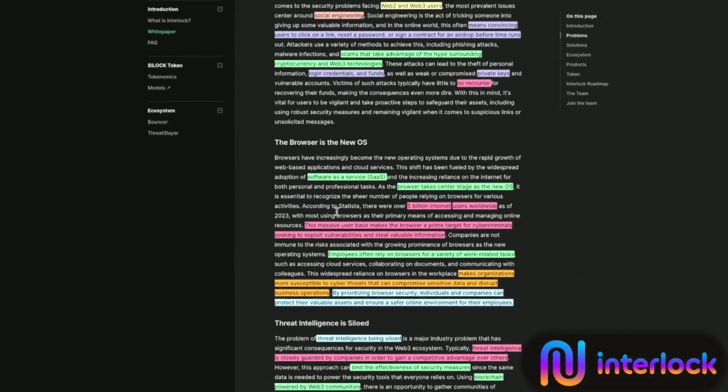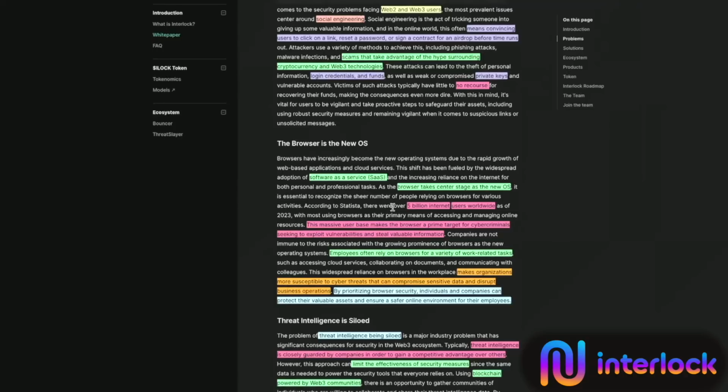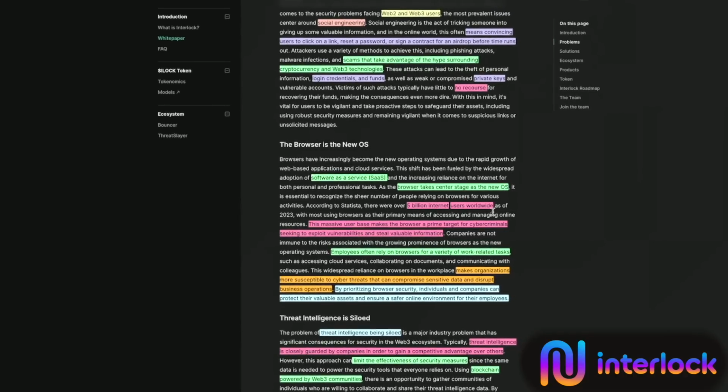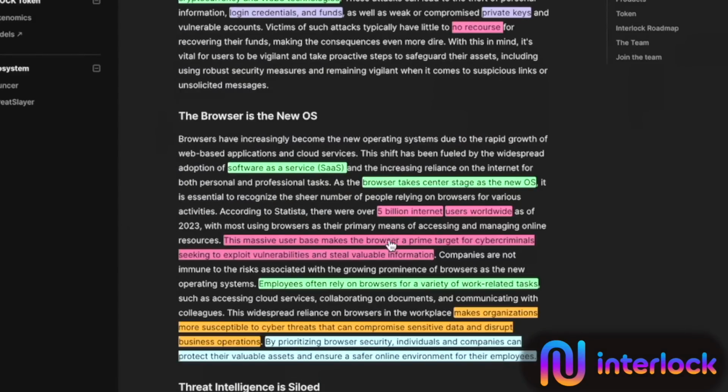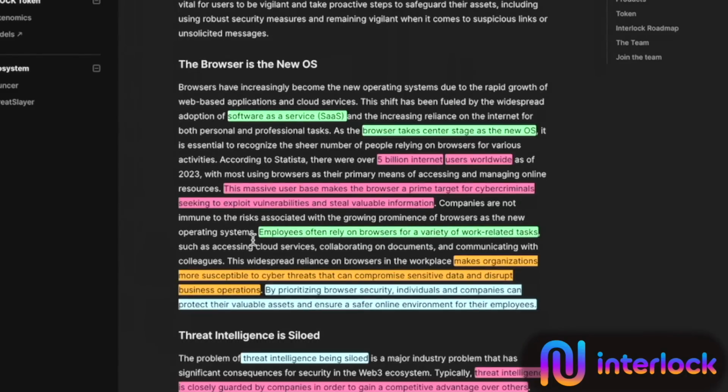According to Statista, there are over 5 billion internet users worldwide as of 2023. This massive user base makes the browser a prime target for cyber criminals seeking to exploit vulnerabilities and steal valuable information. Companies are not immune to the risks associated with the growing prominence of browsers as the new operating systems. Employees often rely on browsers for a variety of work-related tasks, such as cloud services.